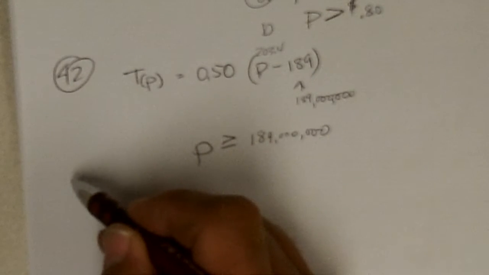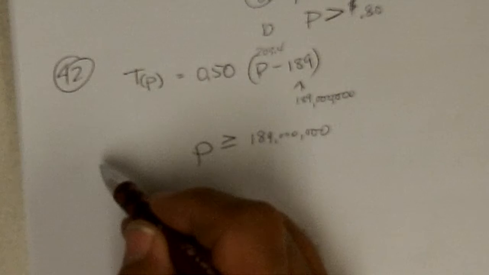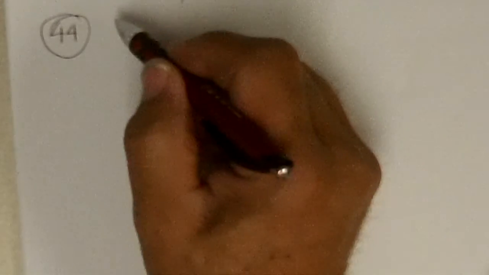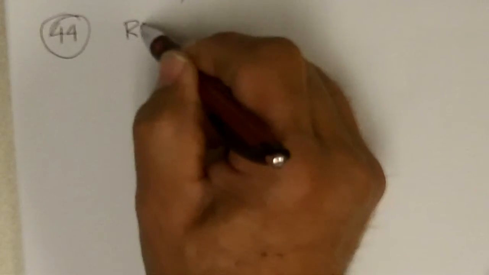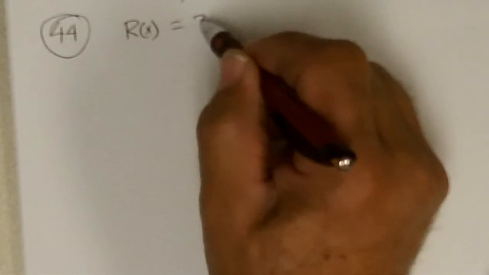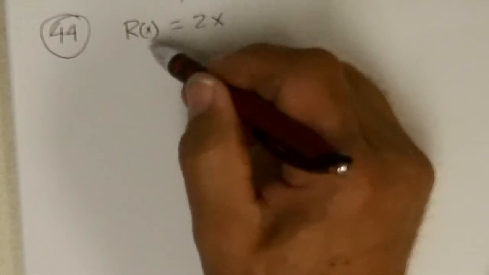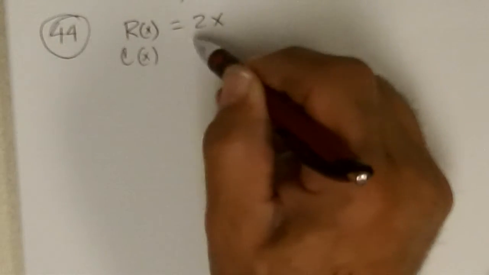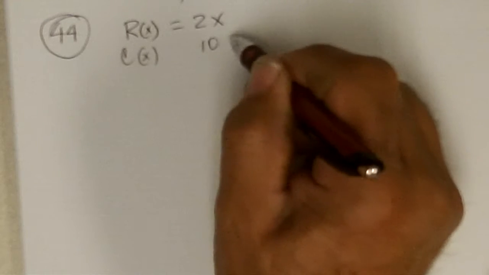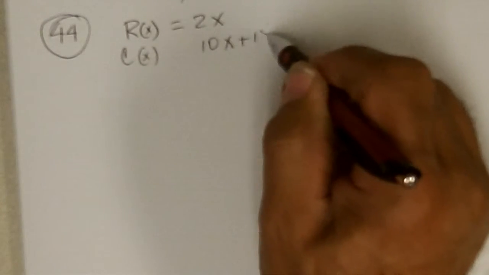Let's see, 44. 44 said find the break-even point if the revenue was 12x and the cost was 10x plus 15,000.